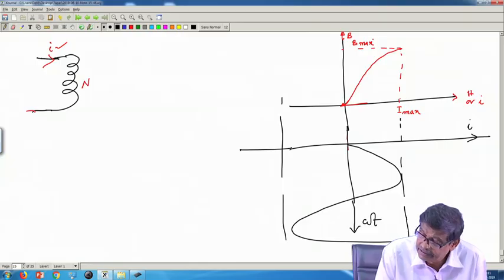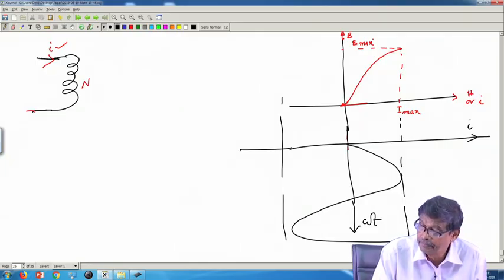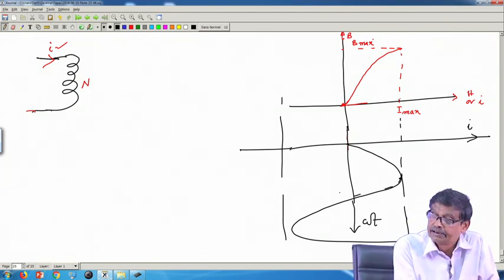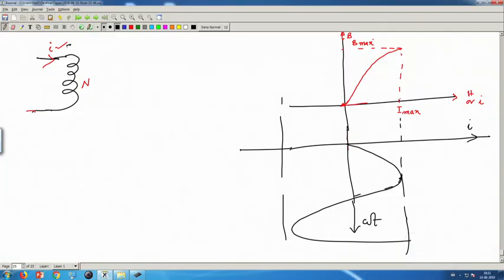So, current increases from 0, it reaches maximum, at that time it is I max. After this, current decreases, this current I t, which is sinusoidally varying, sinusoidal time varying current.